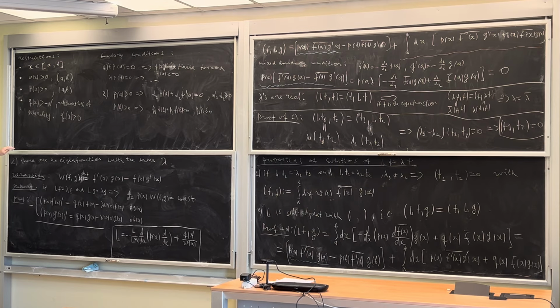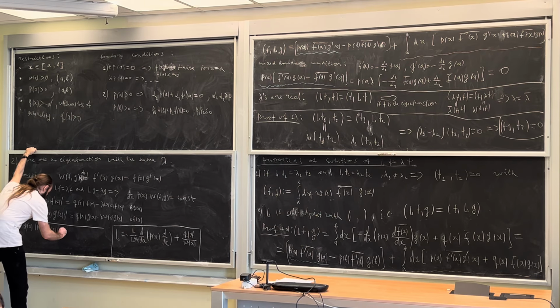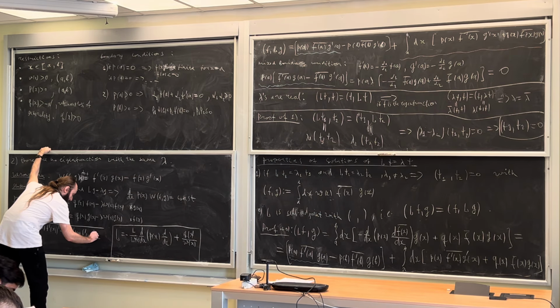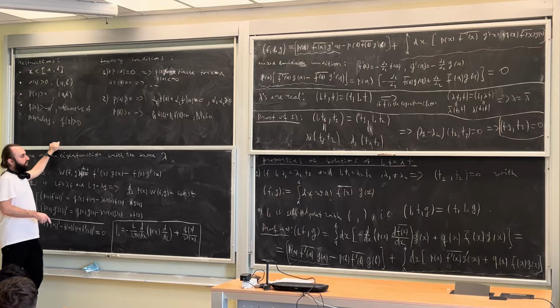And on the left side, it will be just g of x (p f prime) prime, by definition, minus the opposite, f of x (p g prime) prime, equals 0.